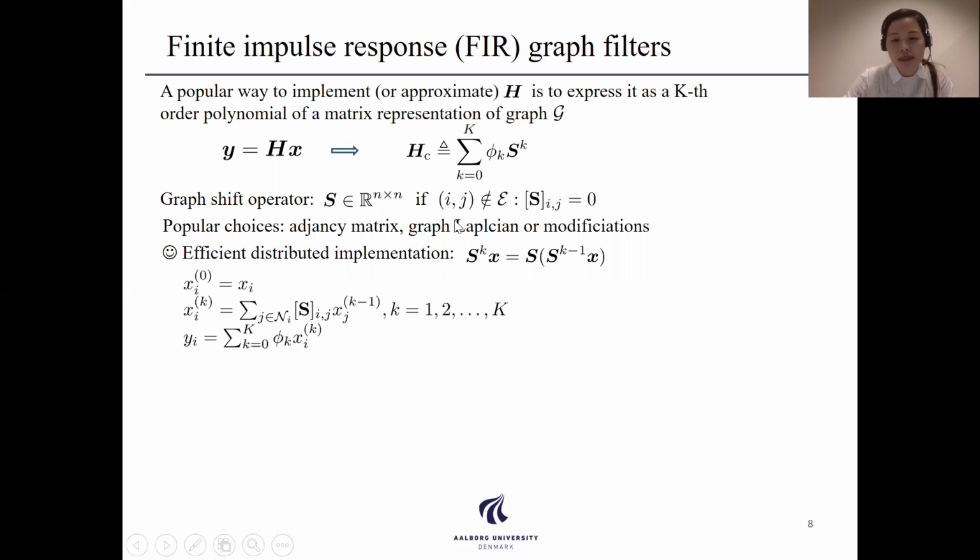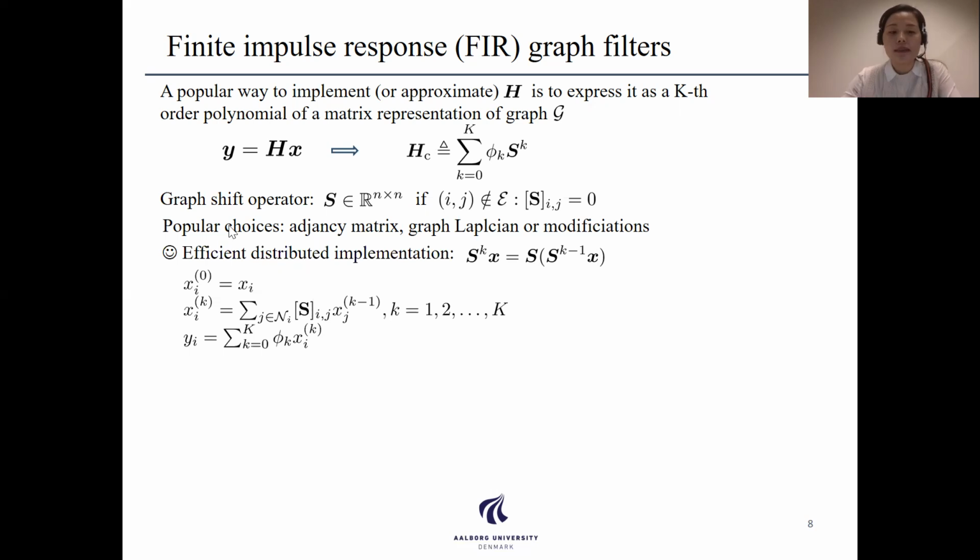For example, for the k-th shift of this network data, we can use its previous shifted version and multiply it with S, and with this S we only collect the data from your neighbors. It means that we can conduct all the computation locally with your neighbors only.